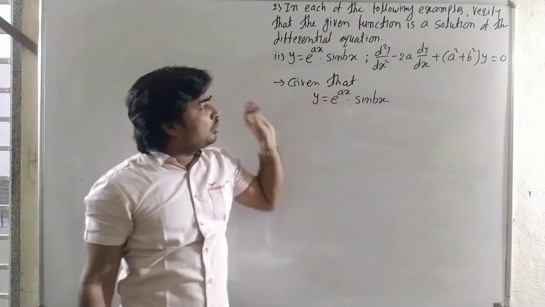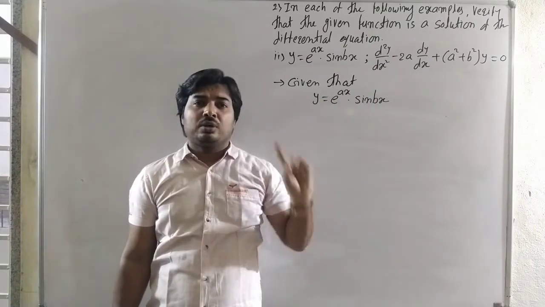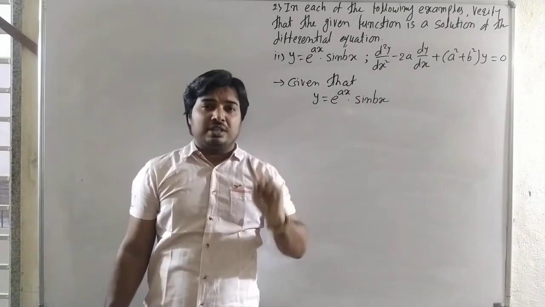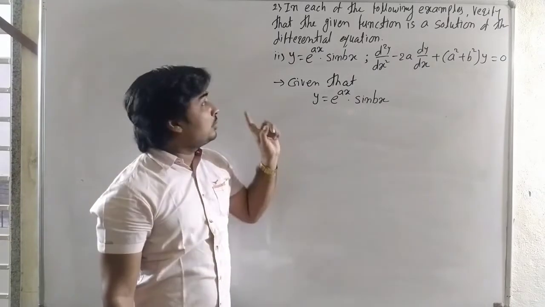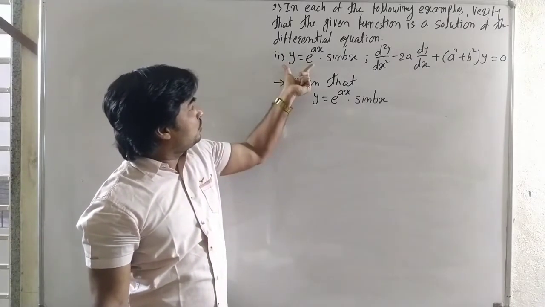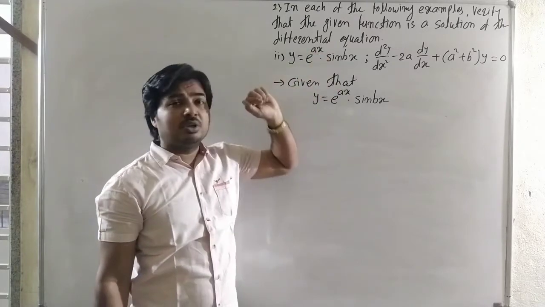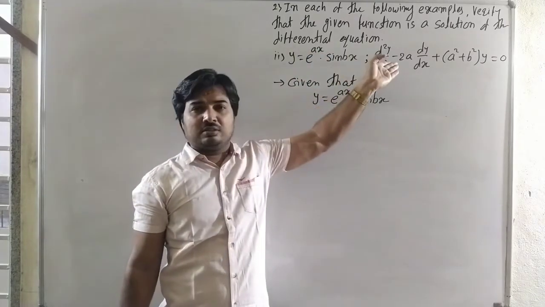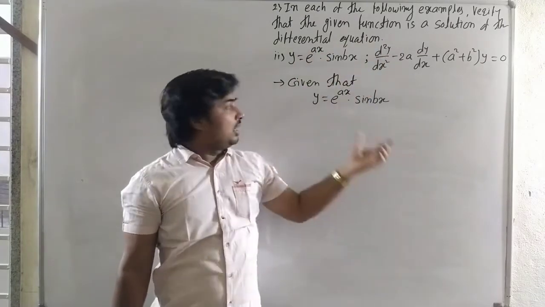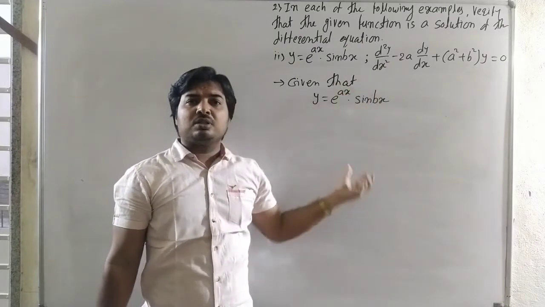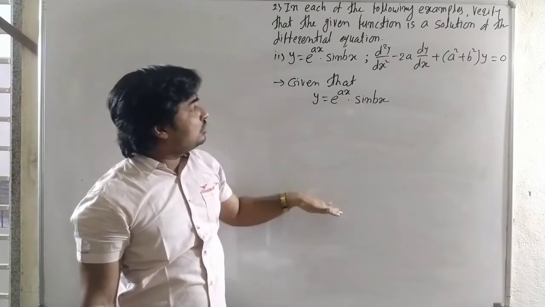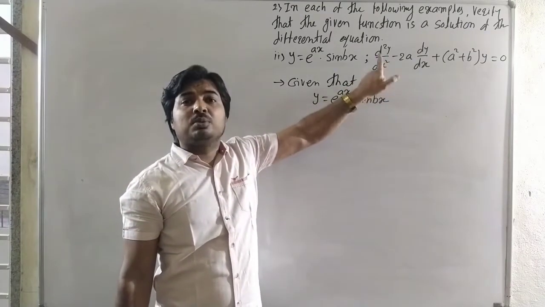Such types of examples we have already learned in our chapter differentiation, higher order derivative. In that chapter the question is asked, if y is equal to e to the power ax into sin bx, then show this relation. Same example here, we differentiate twice, and then from these relations we get the differential equation.